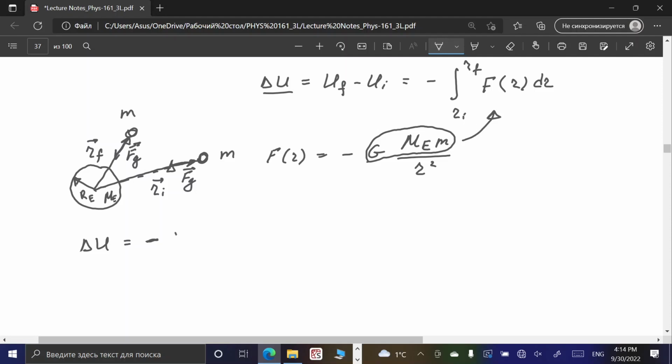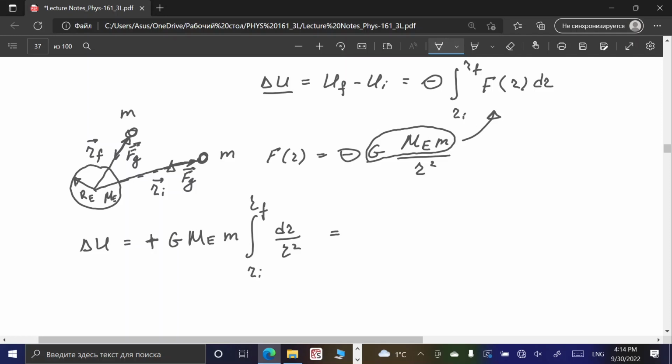So it will be minus G times ME times M. And here is integral from initial to final position of what is left, and left is dr over r squared. So now we can take this integral and this minus actually should be plus because we have minus here and minus here.